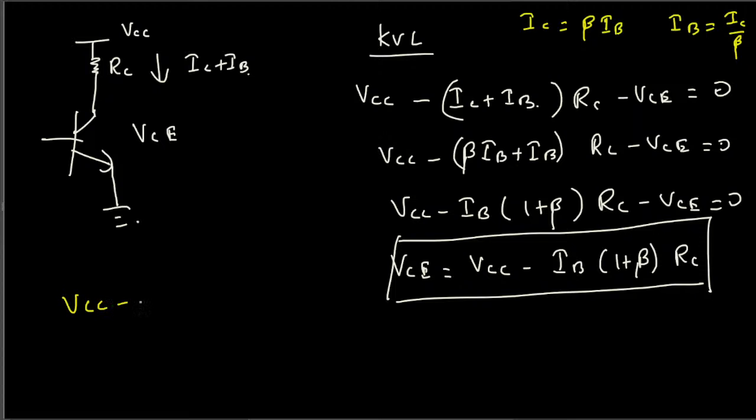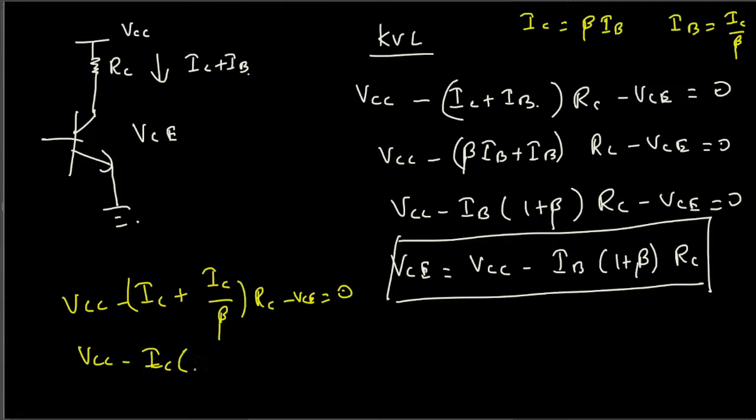So this is going to be VCC minus IC, and instead of IB I replace it with IC over beta times RC minus VCE should be equal to 0. Then if I take the IC common, then this is going to be VCC minus IC, and then 1 plus 1 over beta times RC minus VCE is equal to 0.